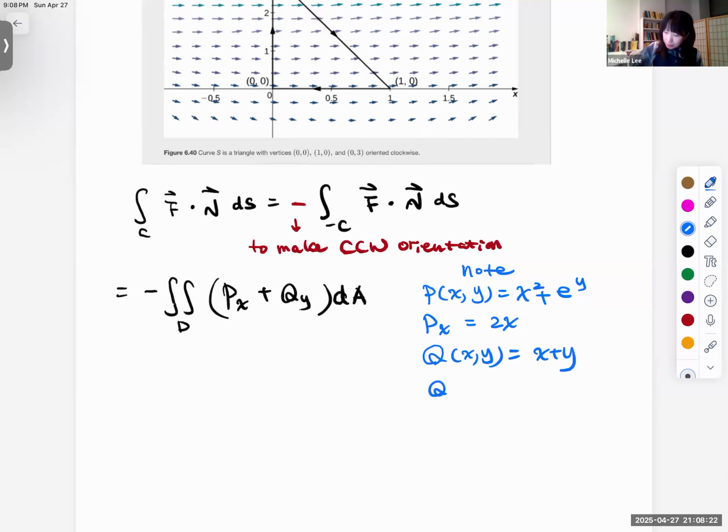Then what's the derivative with respect to y? Sorry about that. Then we have 1, right? So we get 2x plus 1 dA.